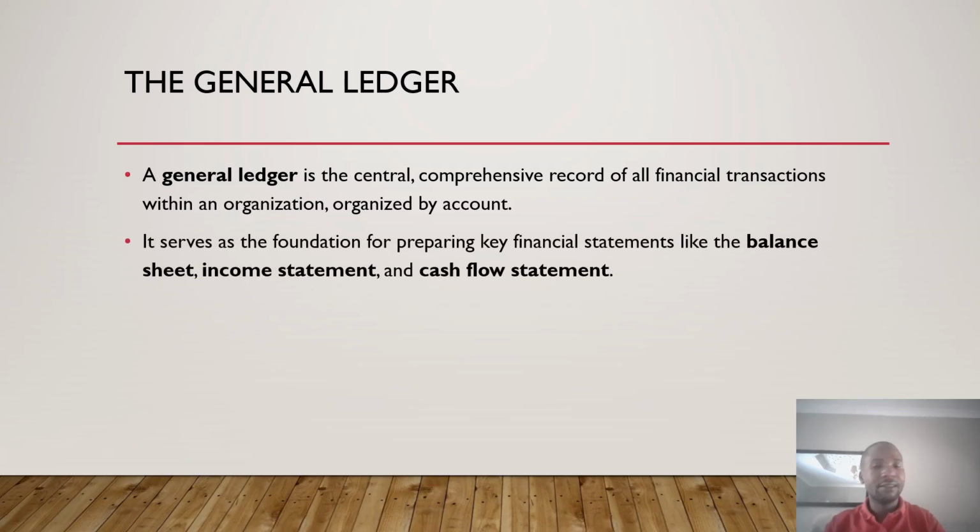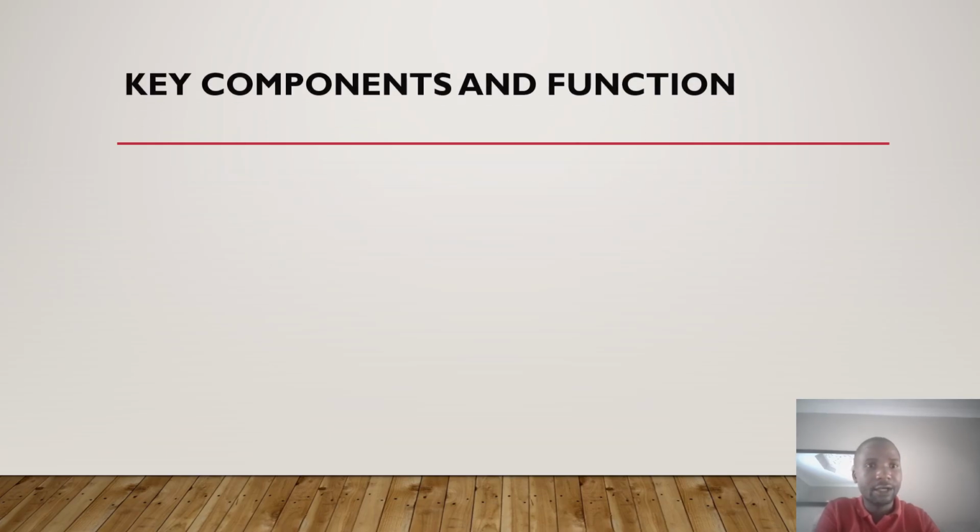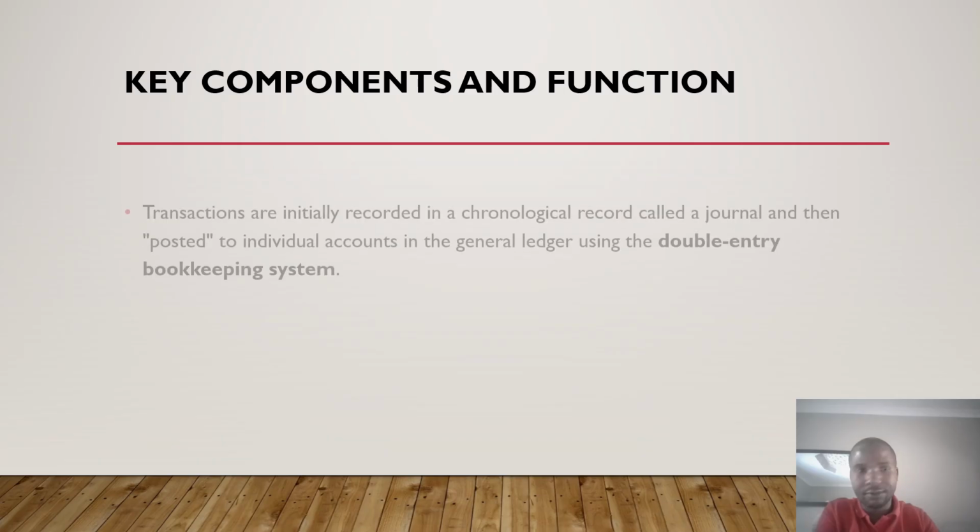It can be a month or a year. It serves as the foundation for preparing key financial statements like the balance sheet, income statement, and cash flow statement. All these financial statements obtain their values and information from the general ledger. So what are the key components of the general ledger?